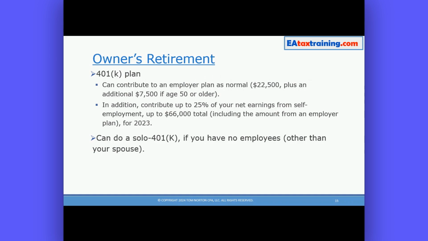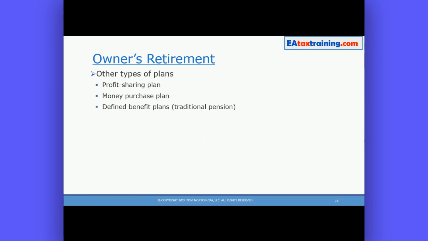So if your business has a 401k plan, this is the amount that you can put in as a self-employed person. And you can do a solo 401k. So if you don't have any other employees, so you don't have a regular 401k plan set up with your business, you can do a solo 401k plan.